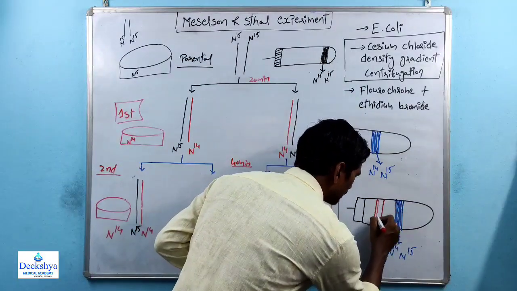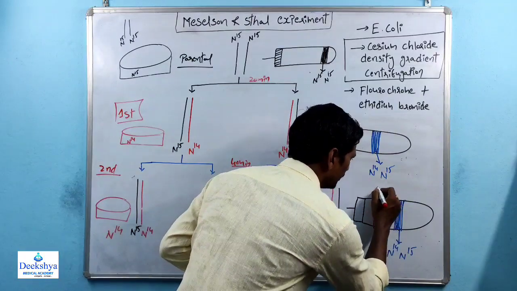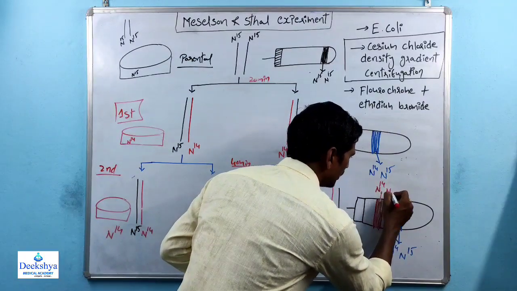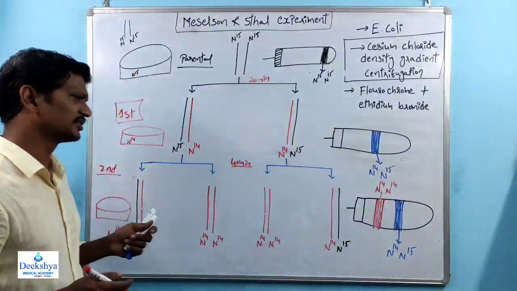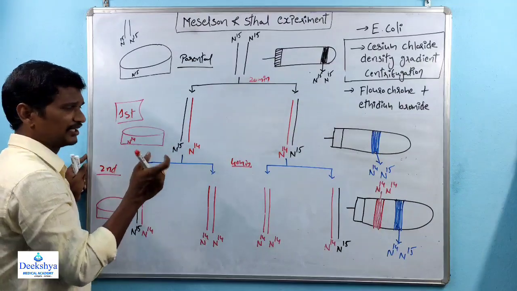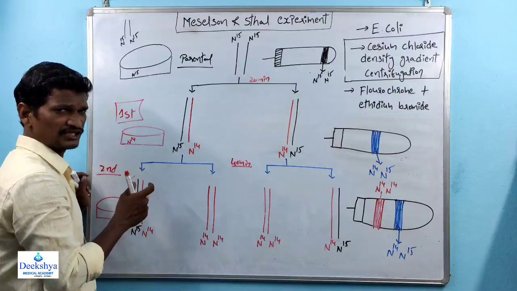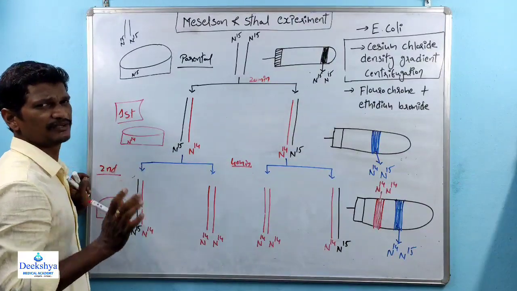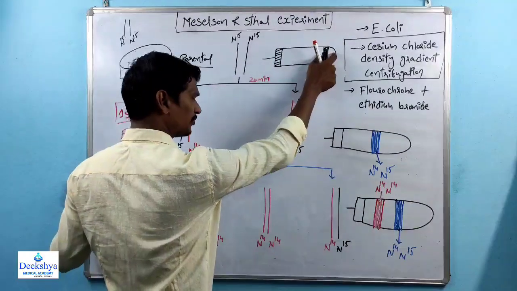The band is formed at the upper side of the tube. This is the band of N14 and N14. So based on this, we can say that DNA synthesis in prokaryotic cells is carried out by the semi-conservative model, because the first band is formed at the bottom of the tube.